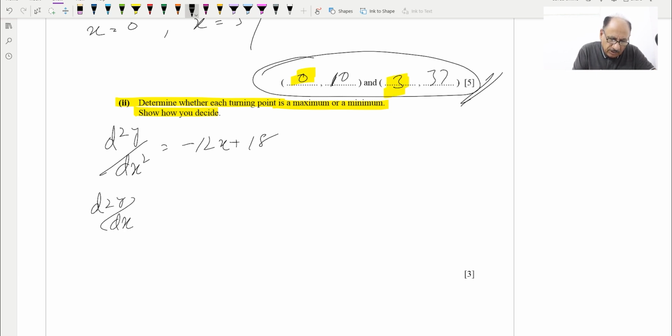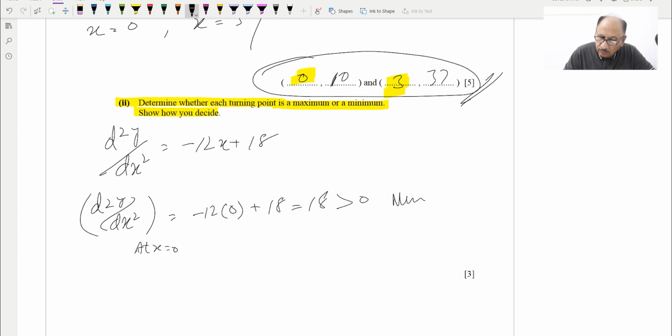d2y over dx square at x is equal to 0 will be equal to minus 12 into 0 plus 18. So this will be equal to 18, which is greater than 0. So this will be minimum.